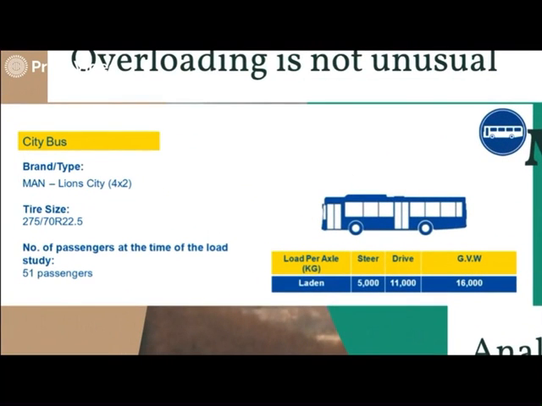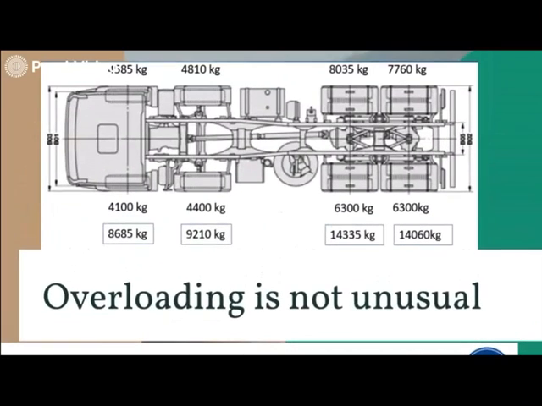We compare data with data we already have from different databases. From our experience and from a lot of measured vehicles, we can say that overloading is not unusual. Like in this case in the picture, overloading is a huge one.